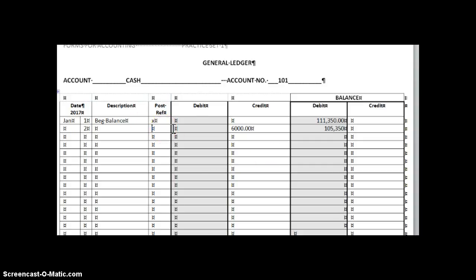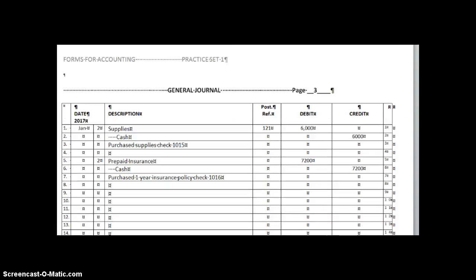Got to be sure you write your journal page in there, journal page 3. And then you go back to your general journal and write in the cash account reference 101.